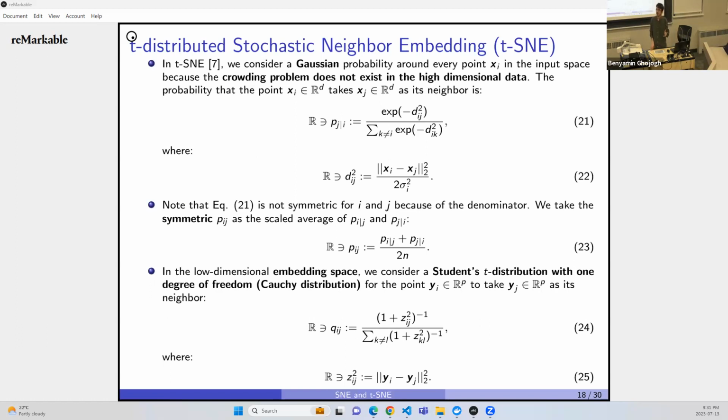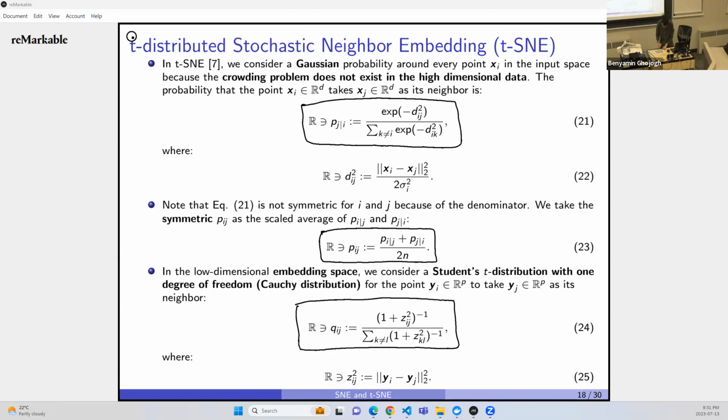For the input space, they use the same idea as symmetric SNE. So they have Pij, Gaussian distribution, but they make it symmetric. Then in the embedded space, they use Cauchy distribution, or the student t distribution with 1 degree of freedom.